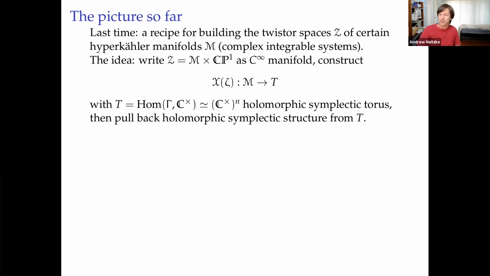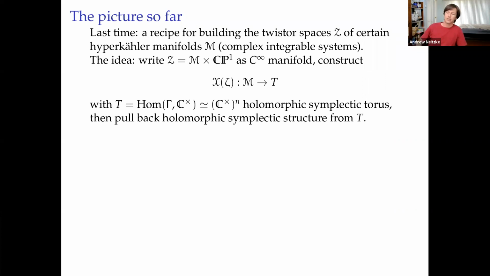The key thing in the construction was that the twistor space ultimately is going to be a complex manifold with a complicated fiber-wise holomorphic symplectic structure. But the way you think of it is, in the C infinity world, it is M cross CP1. I have my real manifold M on which I want to put this structure, and I build the C infinity manifold M cross CP1.